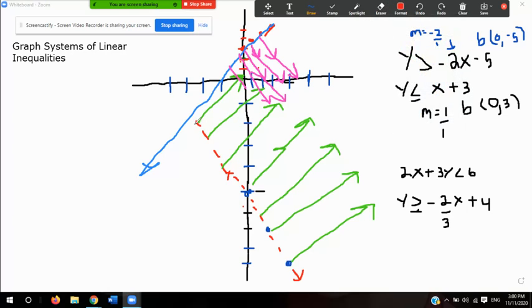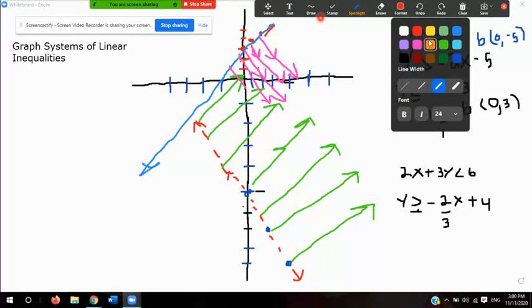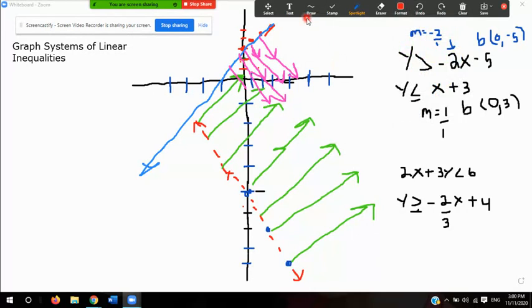Right here, at this point, the graphs are not going to intersect, because it's saying that x is less than positive 3. Had it been negative, that would have been a different story. So that means that the answer is going to be in this region right here.